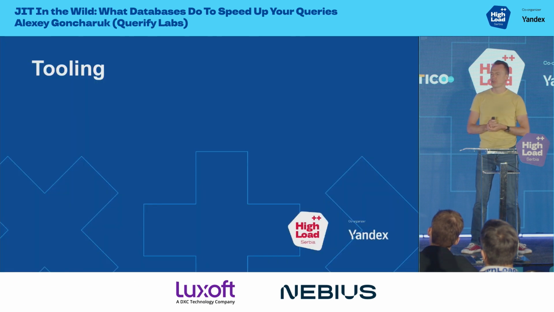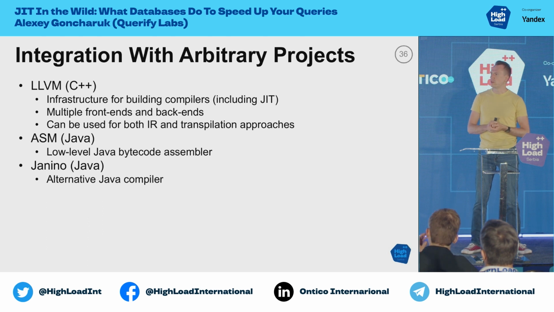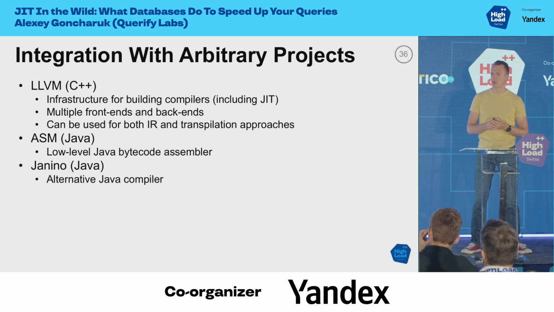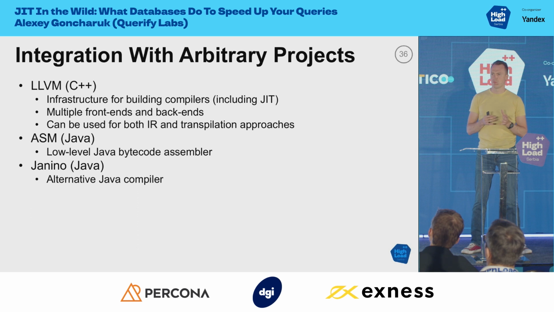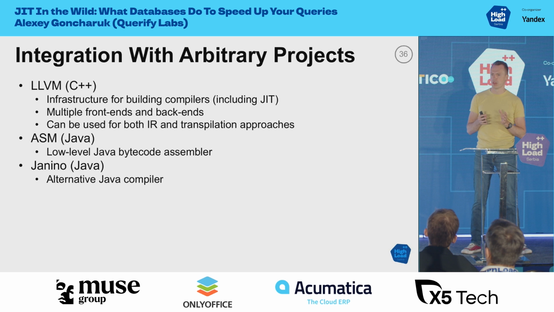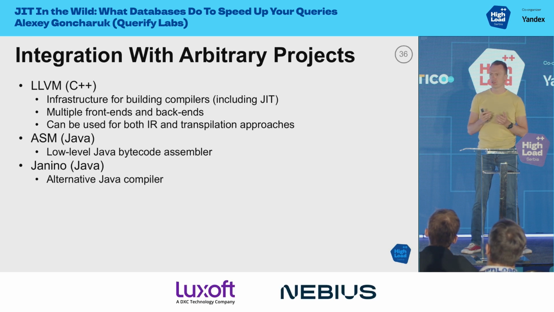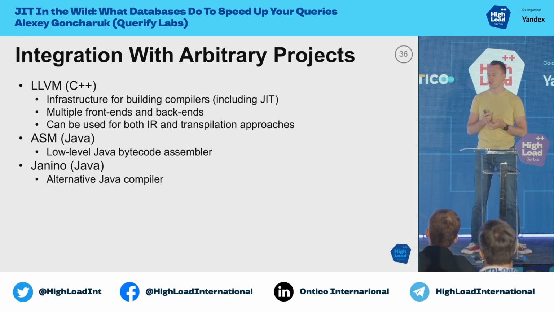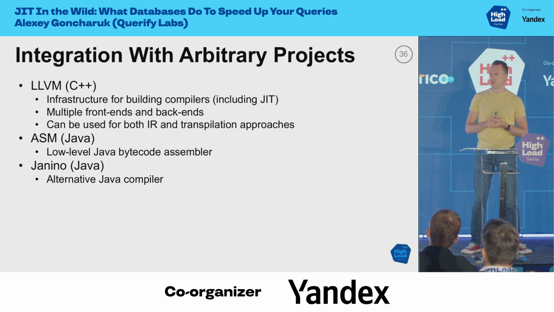And the final thought, I would like to talk about tooling that you can use probably in your projects, because from what we see, the main benefit of JITing is code specialization. And if you're working on any compute-intensive project, you may benefit from the JIT. And depending on the project, we saw different frameworks being used in production.